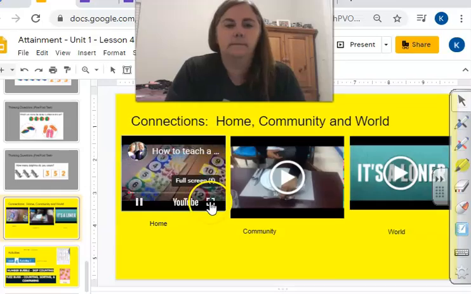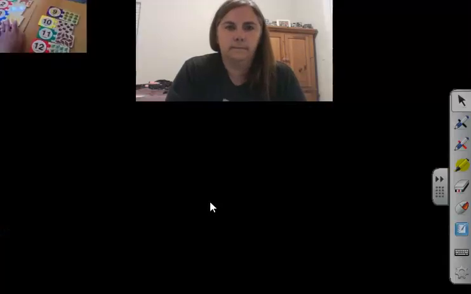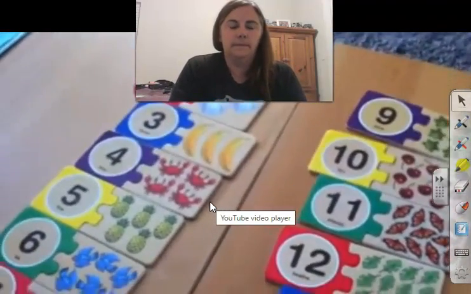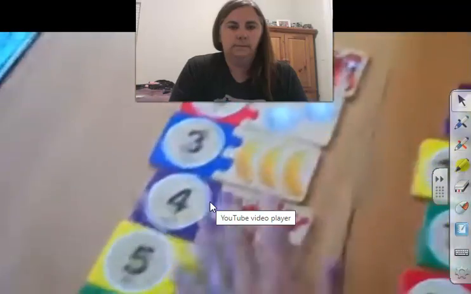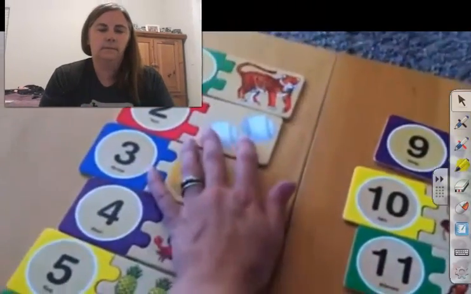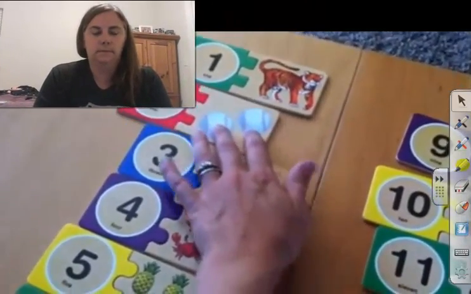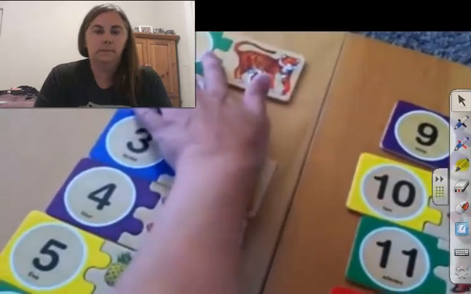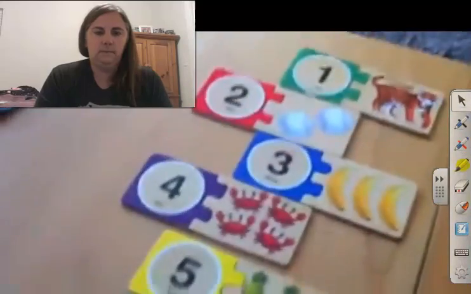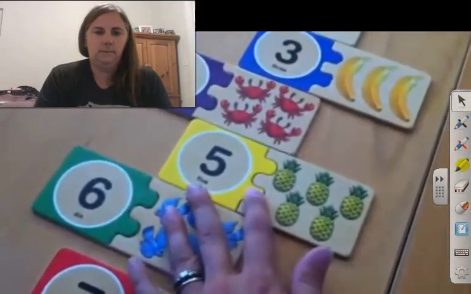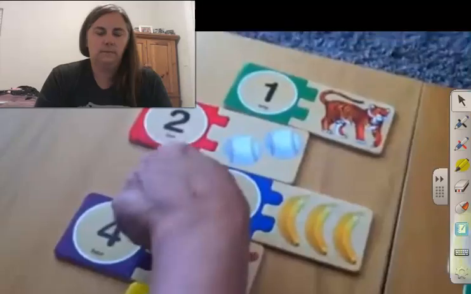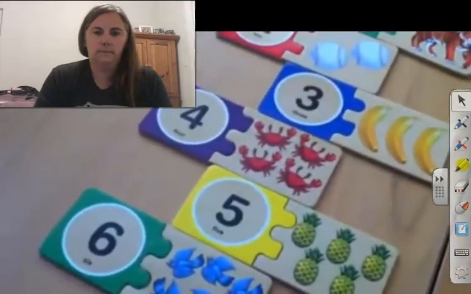Show you a quick, easy way you can introduce skip counting. We have a wooden Melissa and Doug puzzle that we really like, but if you don't have that, just write it on flashcards or write it on paper. The key is just to have them get used to setting them out by themselves in order. And once they can do that and they know the numbers, you can introduce counting by 2s, 4s, 3s, whatever number you want to teach them. We're going to do by 2s today. You just pull out every other one to count by 2s, and it gives you a skipping road, and you only step on the skipping road stones, and that's how you start to count by 2s.